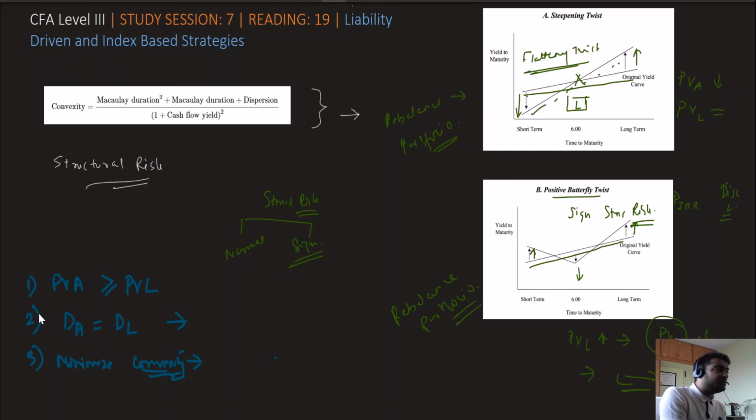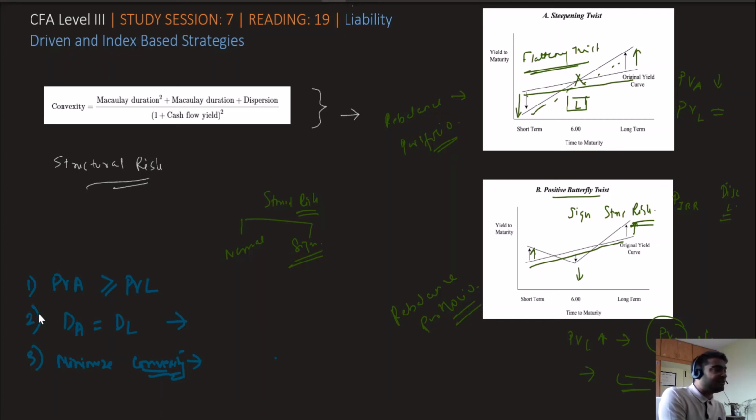That is just to ensure that the asset portfolio slightly benefits from the yield curve changes when the changes on the liability side and the asset side are largely similar. But overall, in order to minimize the dispersion of cash flows, minimization of convexity is the important criterion.